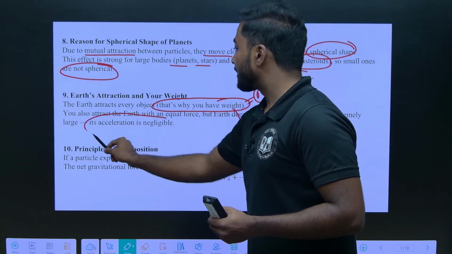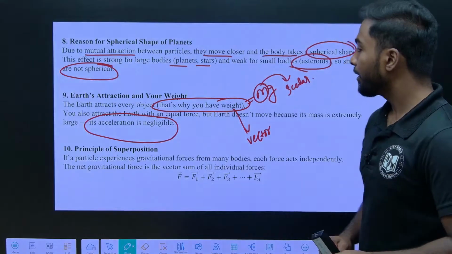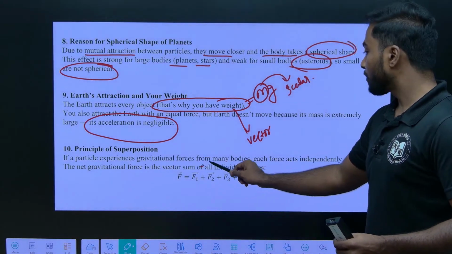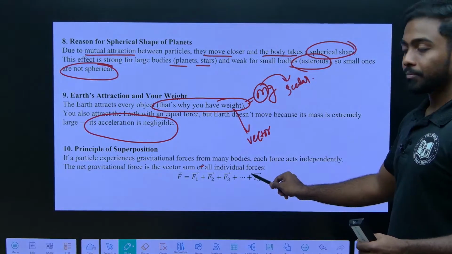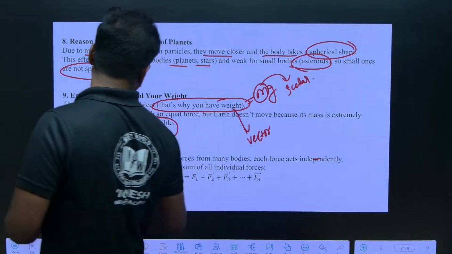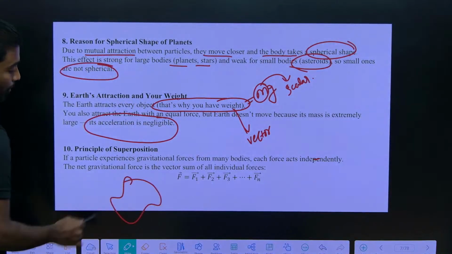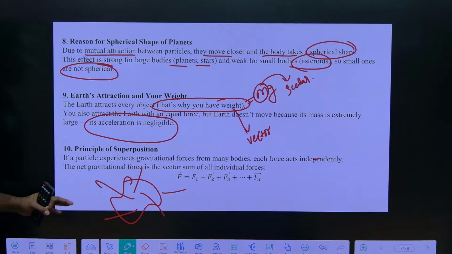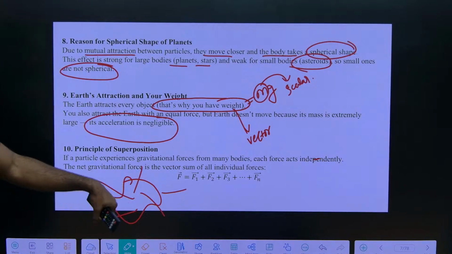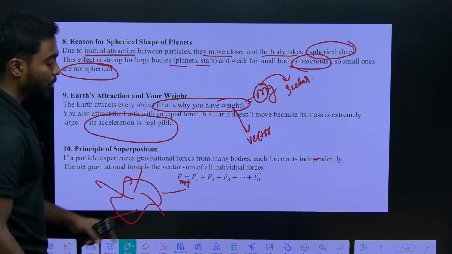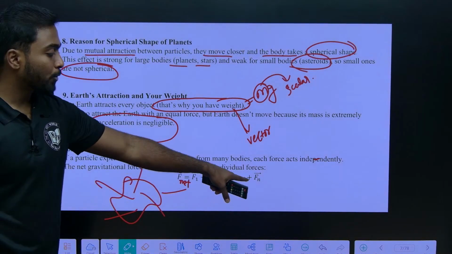Okay, so the 10th point is, if a particle experiences a gravitational force from many bodies, each force acts independently. If some n number of forces are acting, then F net will be equal to F1 plus F2 plus F3 up to Fn.